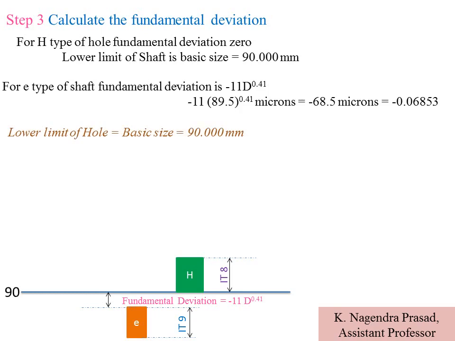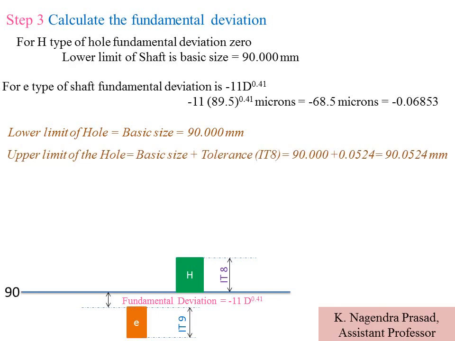Next, from the schematic diagram we observe that the lower limit of the hole is equal to the basic size, which in the problem is given as 90 mm, so it is 90.00 mm. Similarly, the upper limit of the hole is equal to the basic size plus the tolerance value, that is the IT8 value.